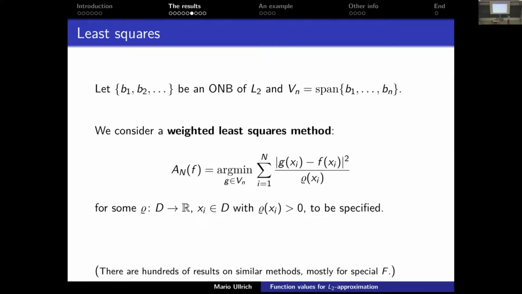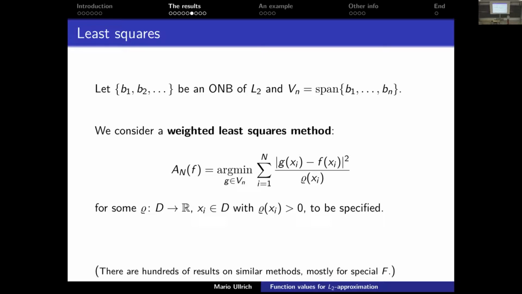Okay, so what is the algorithm we have? The algorithm we have is just a least squares algorithm, probably the oldest known algorithm for approximation. So what is the setting here? We have some orthonormal basis. We take some Vn, which is just the span of the first n functions, and the algorithm is then given as the best approximation in this class Vn, which minimizes this kind of pointwise error.